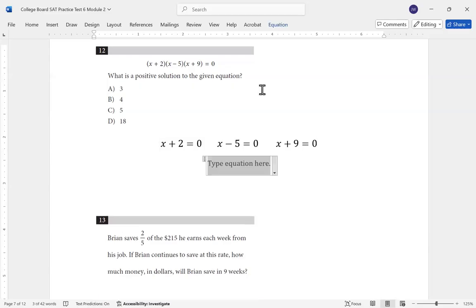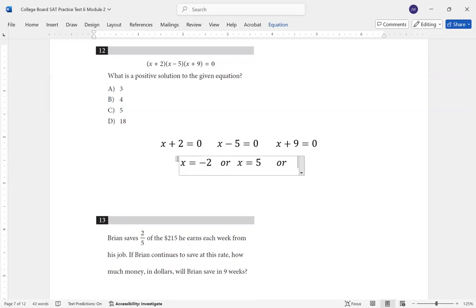And that gives us 3 solutions. When you solve this first equation, we'd subtract 2 from both sides. That would give me x is equal to -2. When I add 5 to both sides of the middle equation, I get x is equal to 5.